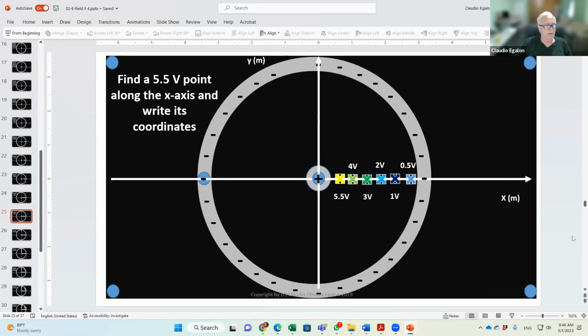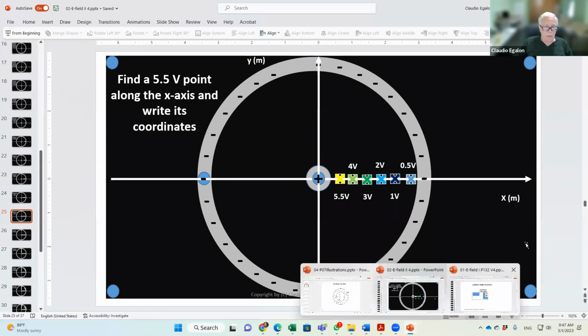If you have any different values, that's not the half, 1, 2, 3, 4, and 5.5, let me know, please. Okay, so those are my first points of my equipotential surfaces. It's going to be a total of 6 equipotential surfaces. 1, 2, 3, 4, 5, 6.